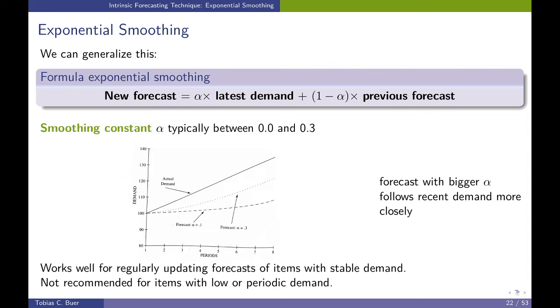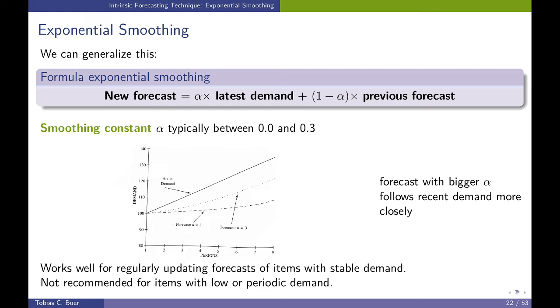This alpha, we call it a smoothing constant, and typically it is a low number between 0.0 and 0.3. We multiply the latest demand with alpha and the previous forecast with 1 minus alpha, to get our weighting of the total compound to 100%.